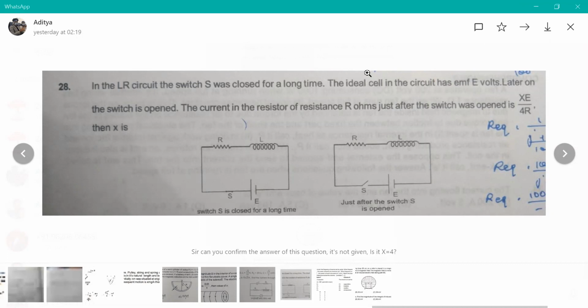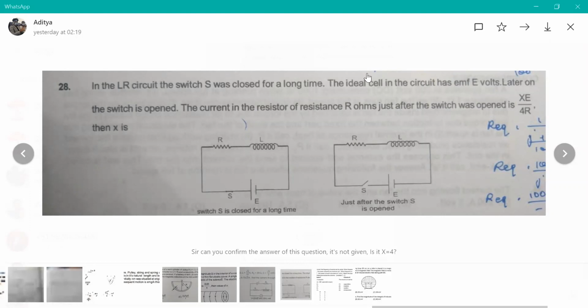So what is that principle actually called, the one you are referring to? It's a principle called conservation of flux.